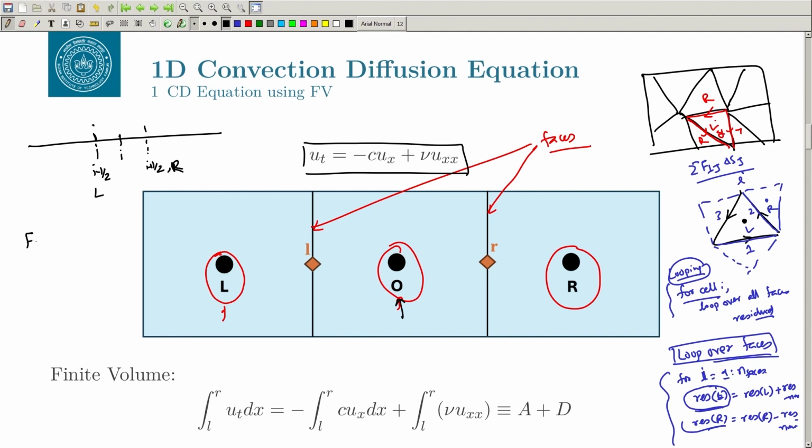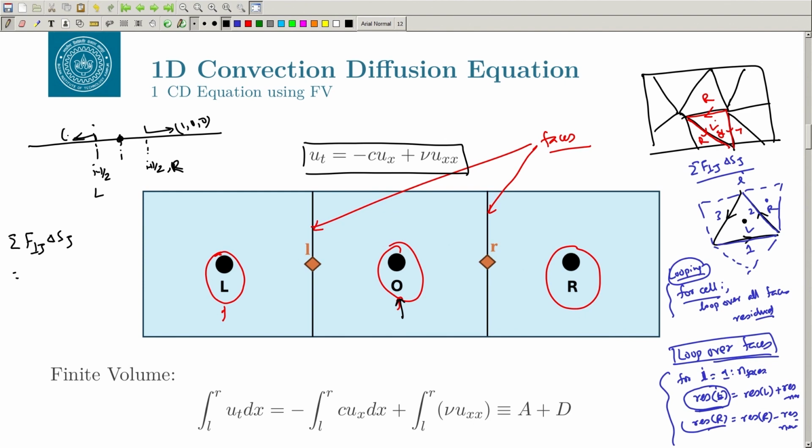So, f perpendicular j delta s j, if you do that. Here this normal is positive 1 0 0 for this particular cell i, because the normal always points out in this direction.